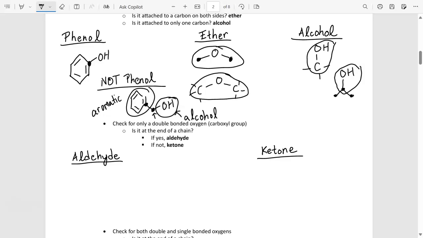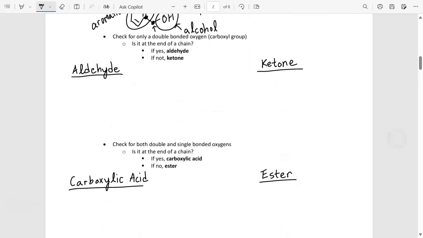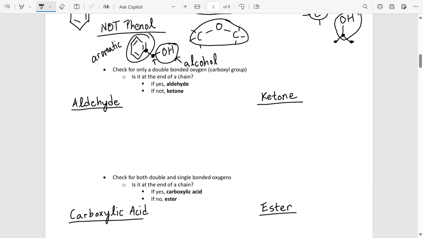Okay, just a few more of our oxygen-containing groups. So next we're going to look at double bonded oxygens. So if an oxygen is double bonded to a carbon, it's either going to be an aldehyde or a ketone. So an aldehyde is one that comes at the end of the chain. That's where we have a carbon double bonded to an oxygen, and attached to that carbon needs to be a hydrogen.